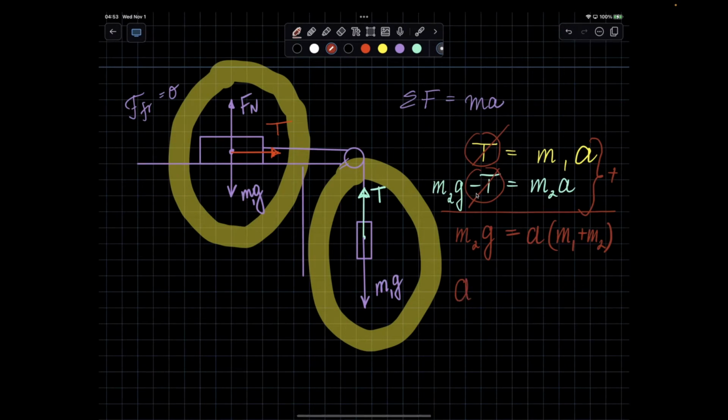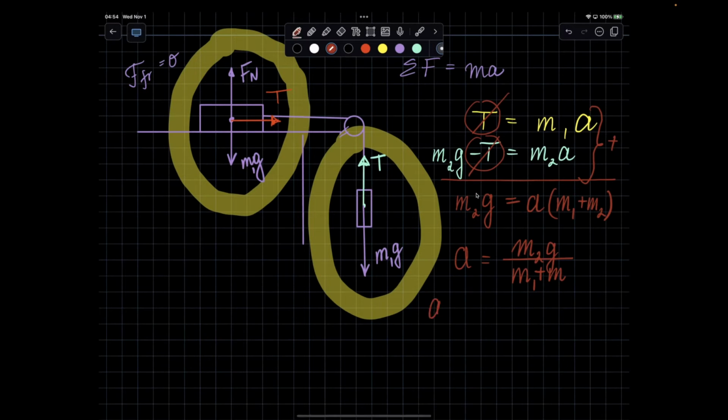Therefore, acceleration is going to be just force of gravity on the hanging object divided by the sum of masses, the hanging and the mass on the table. So therefore, acceleration will be, let's say that this is 30 kilograms, and that is only 5. So then I will have 5 times 9.8 over 35, which is 1.4 meters per second squared.